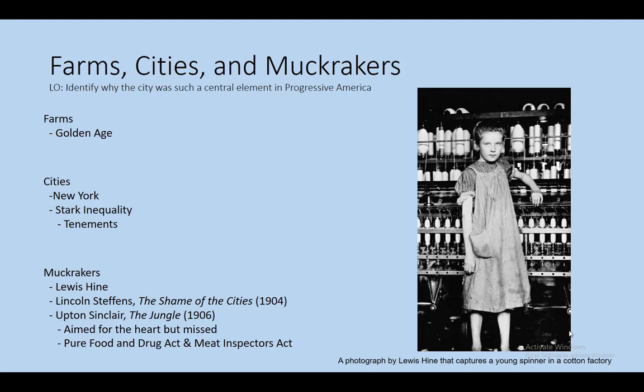They're cheated. And so Sinclair writes The Jungle, hoping to make Americans see kind of how horrible life was for immigrants in the first part of the book. And then the second part of the book is basically one big long socialist writing, right? And it's terrible.